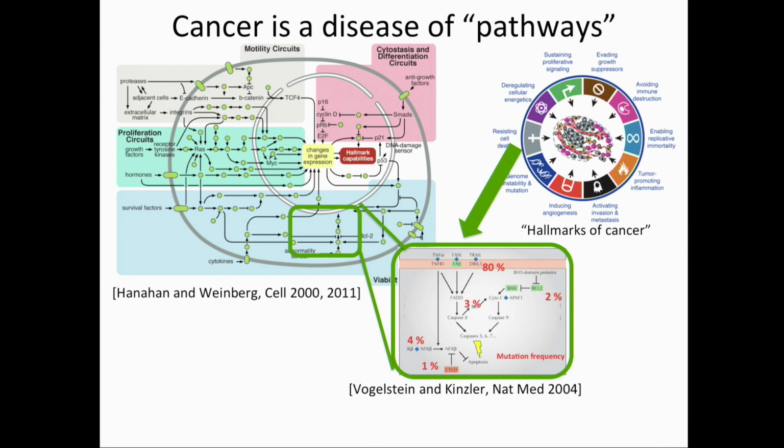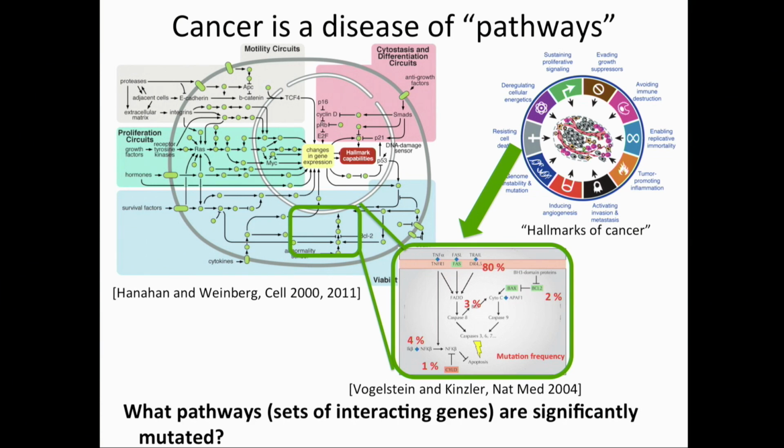Now, even if the entire set is mutated with very high frequency, the single gene approach that looks at one gene at a time will identify only this gene as important, and will miss all the other genes that are important as well. So if we want to identify all driver mutations, or all the mutations that are important for cancer, we shouldn't look at single genes, but instead we should look for sets of interacting genes, called pathways, that are significantly mutated in cancer.